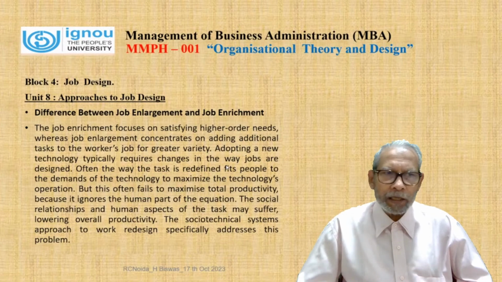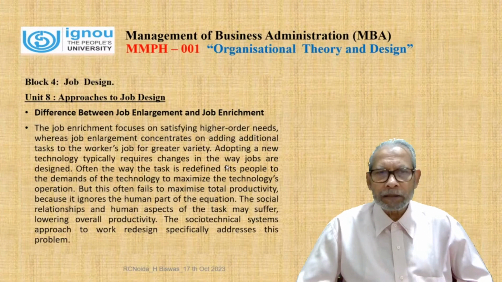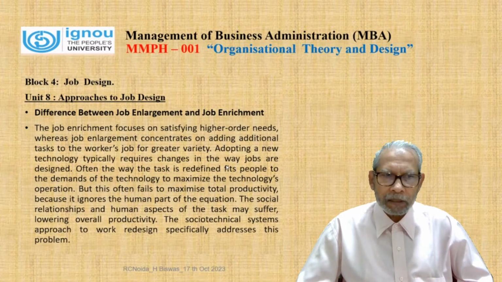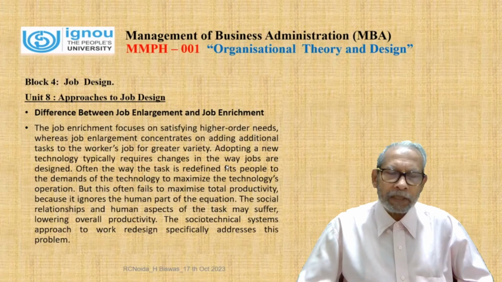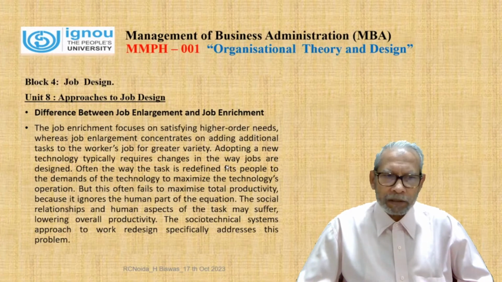Adopting a new technology typically requires changes in the way jobs are designed. Often the way the task is redefined fits people to the demands of the technology to maximize the technology's operations. But this often fails to maximize total productivity because it ignores the human part of the equation.